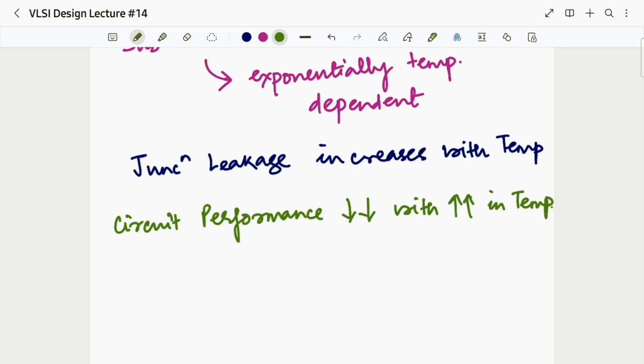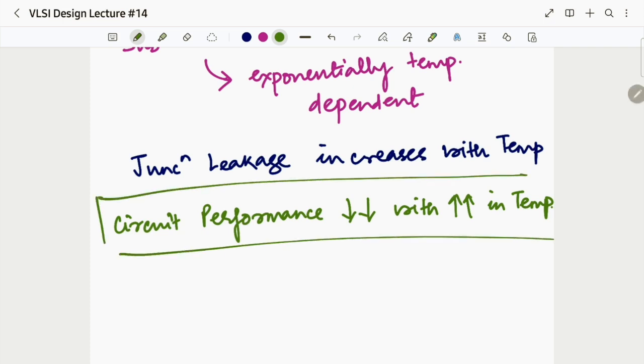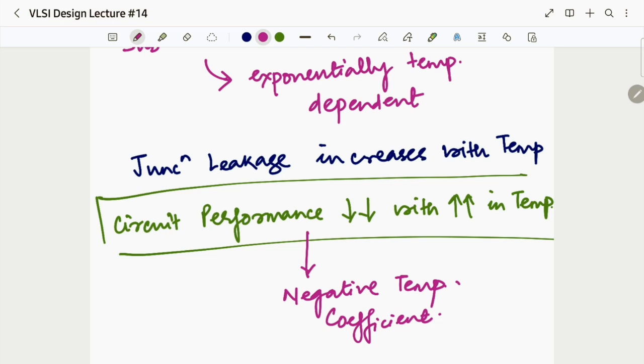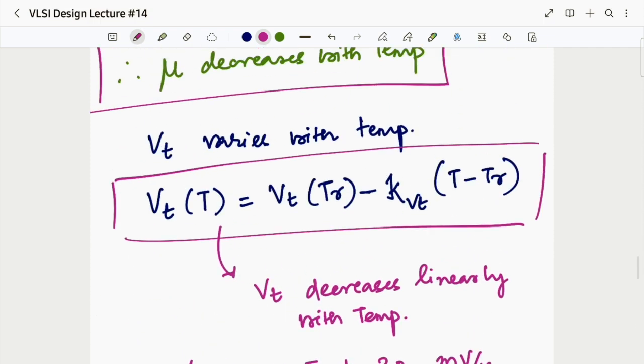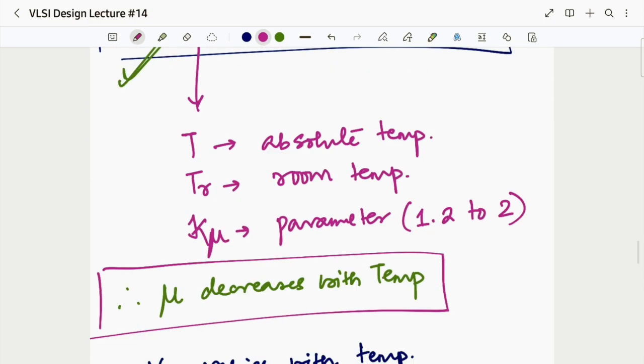So this point, where the whole circuit's performance decreases with increase in temperature, is named the negative temperature coefficient. It means that with increase in temperature, the circuit performance decreases. Why? Because of all these points that we discussed.